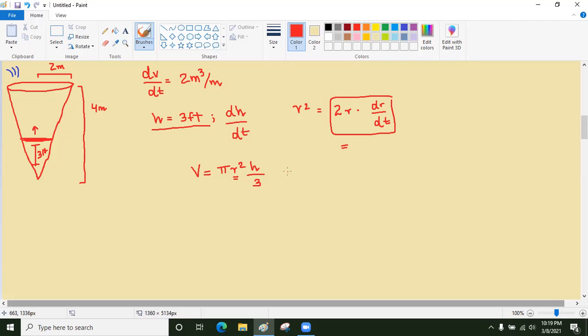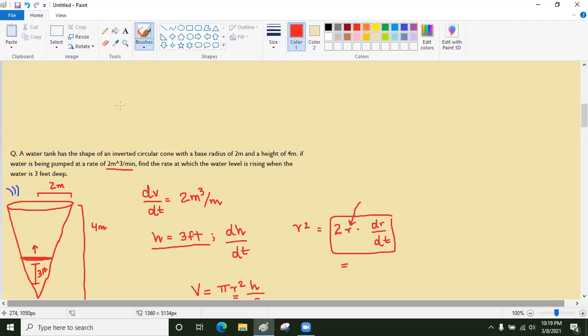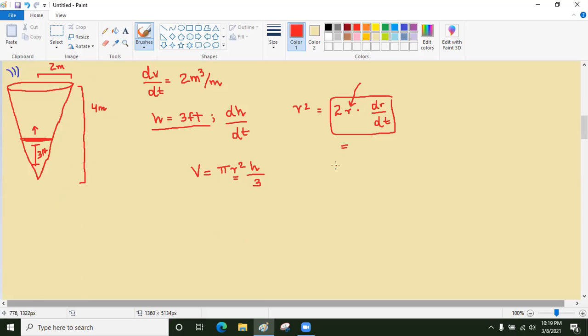But what you want to recognize is that while you have the radius, which is of course 2 meters, I believe, you don't in fact have the rate at which the radius is changing. So this is sort of a multi-layered problem.